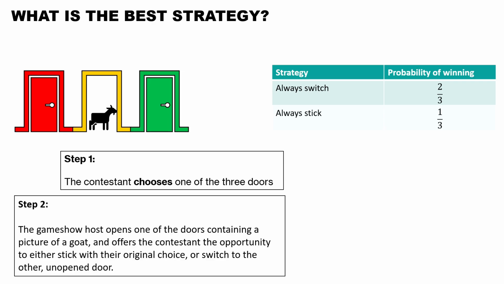It's possible to show that if you follow this strategy, the probability of winning the car is 1/2. So that's still better than when you always stick with the original door, but it's less good than when you always switch to the other unopened door.